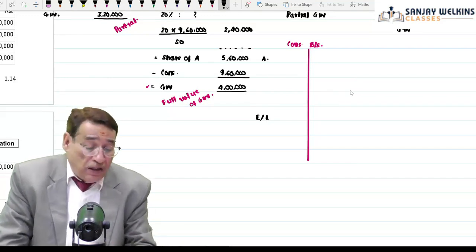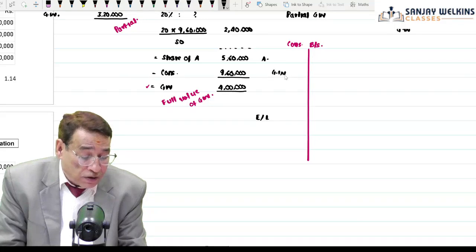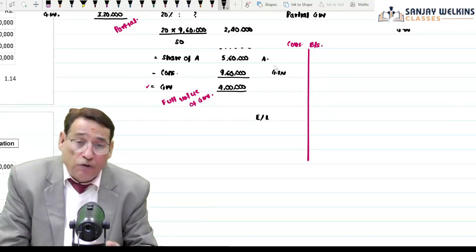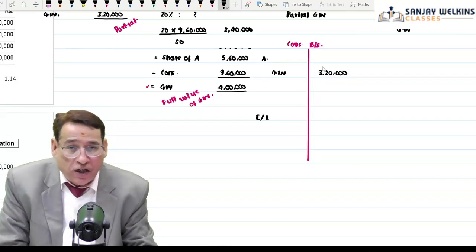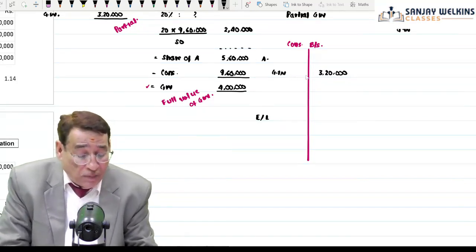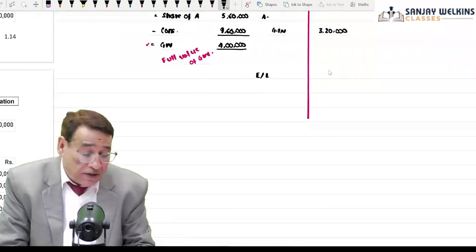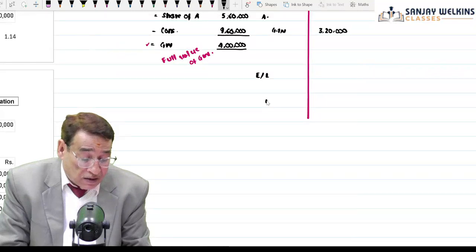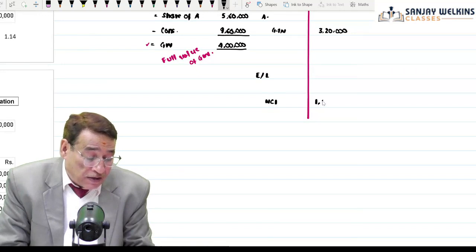In the consolidated balance sheet, we will write the amount of goodwill, which under the PSNA approach was 3,20,000. Besides that, NCI is also reflected in the consolidated balance sheet, and the amount of NCI is 1,60,000.